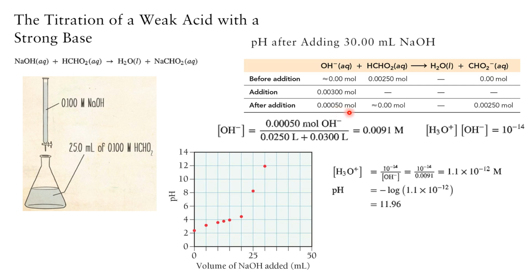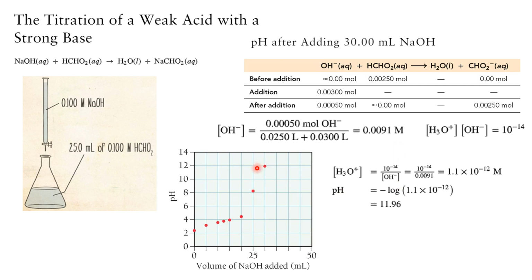And if you're trying to get a concentration, you got moles right now, you're just going to divide this number by the total volume of your solution, which is what you started with, 25 milliliters plus the 30 milliliters that you added. And there it is. And there's your concentration of your OH minus. And you can solve for pH from there. Either use the Kw expression or get the pOH from OH minus and then get the pH. You guys know the drill.